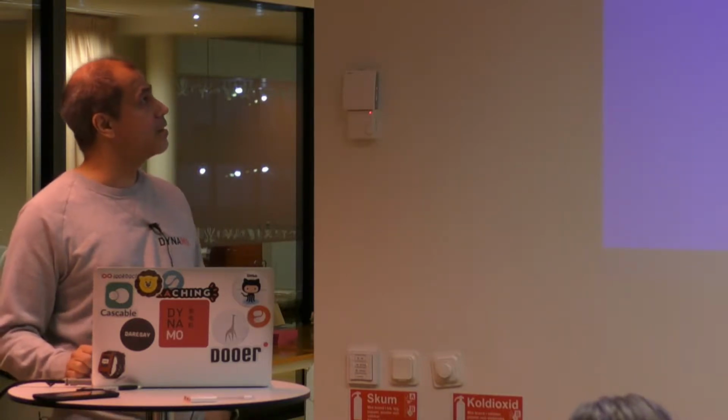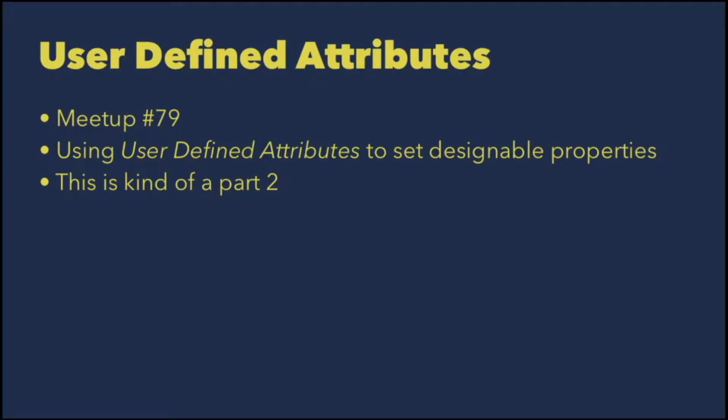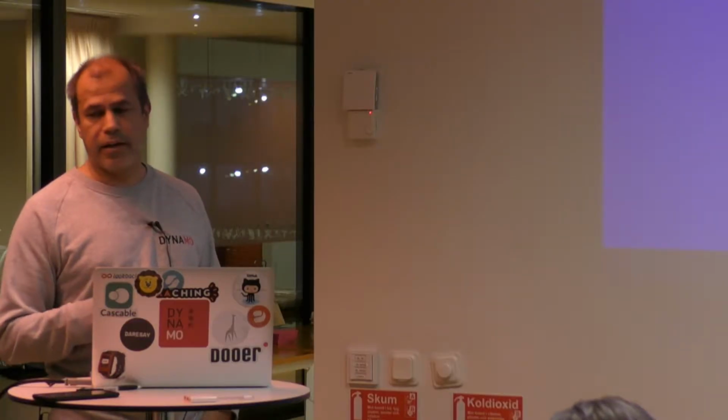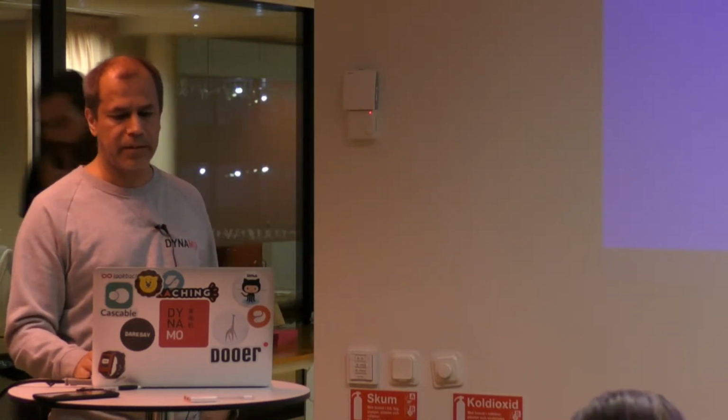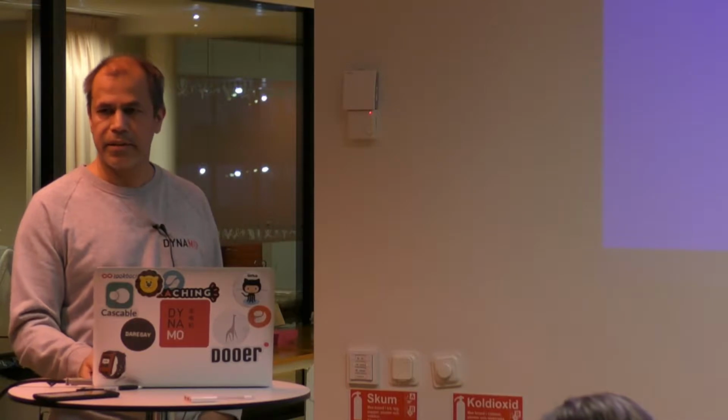So this is maybe like a part 2 of another presentation I had maybe a year back at Meetup 79, where I was describing how to use user-defined attributes to set colors and text, and having a little bit of flexibility with user interface stuff.